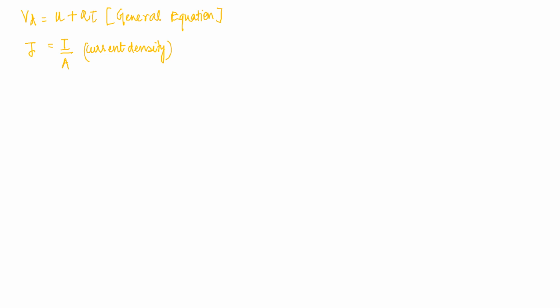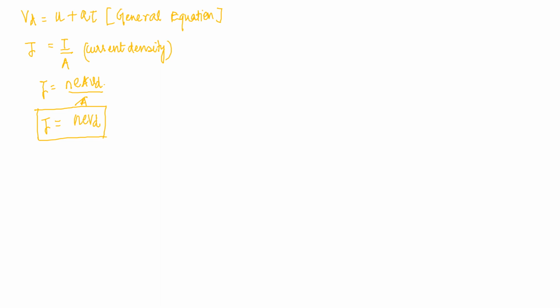Now current is N E A Vd upon the whole area, which will give us the value of N E Vd. A and A will cancel. This is the value of J.